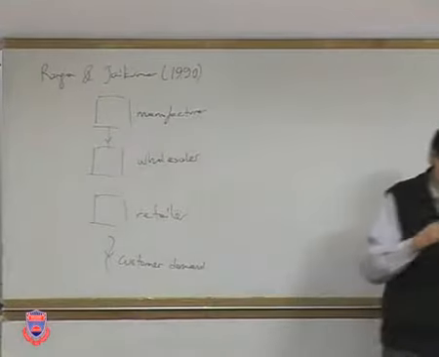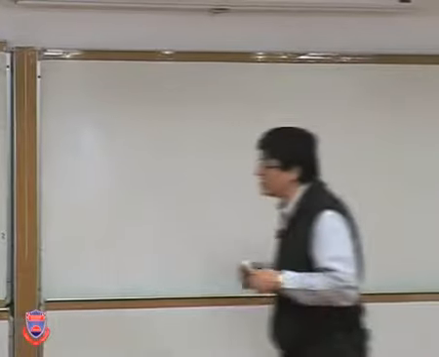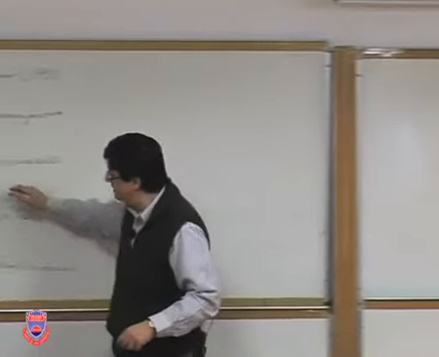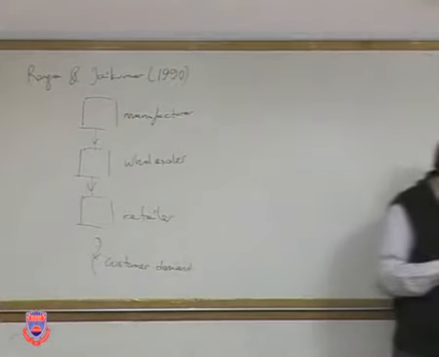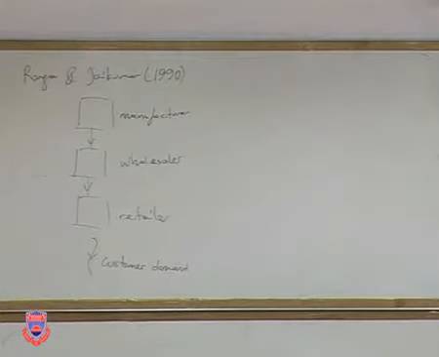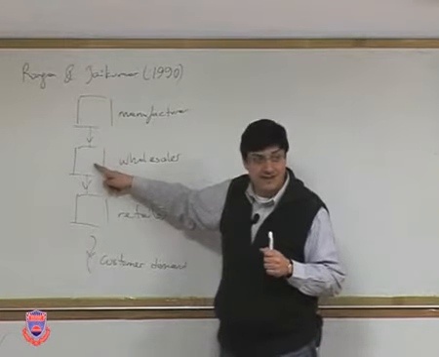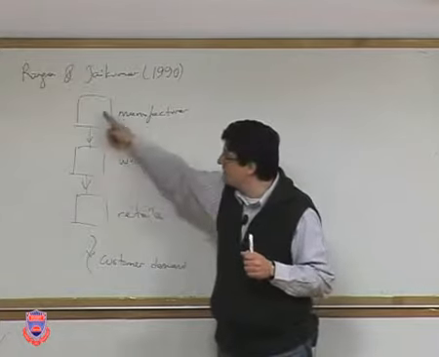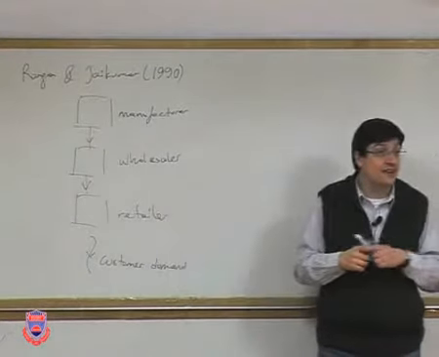Traditionally, the manufacturer is going to ship the items to the wholesaler, and the wholesaler is going to ship the items to the retailer. This is the traditional way of operating. In this structure, the manufacturer usually gives a rebate or some kind of a discount to the wholesaler, which is called a trade discount.